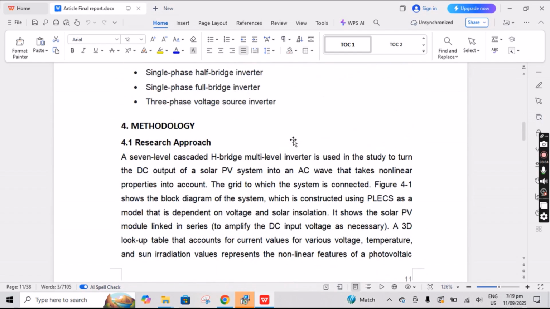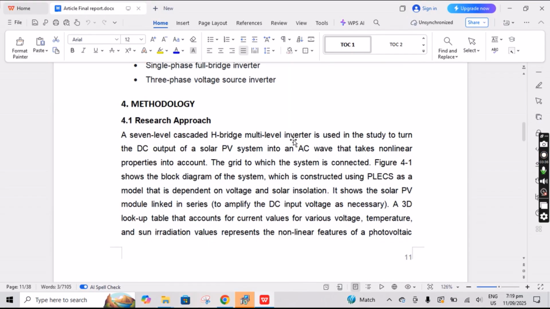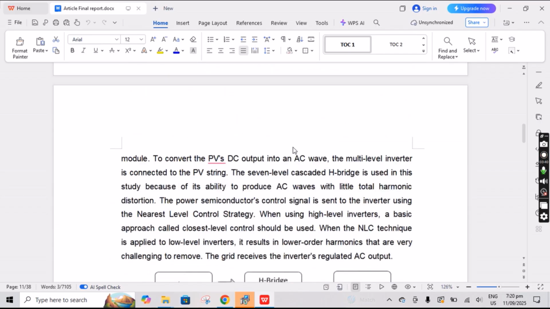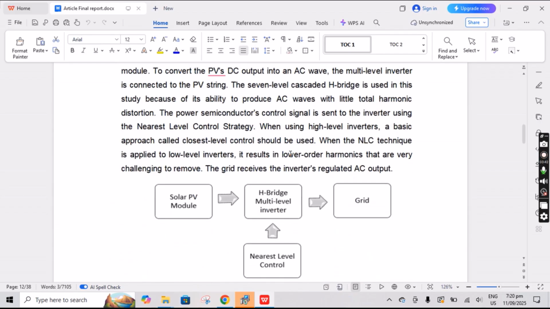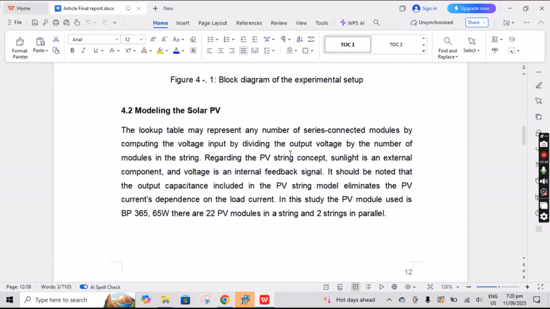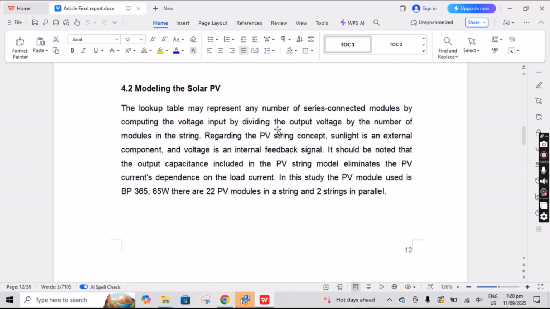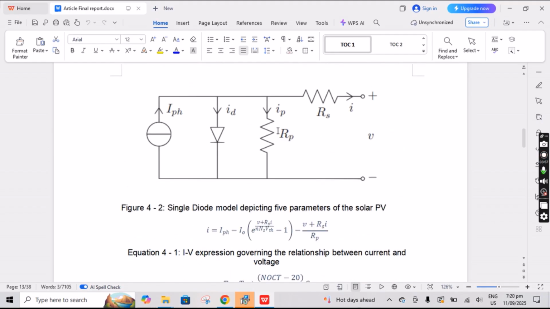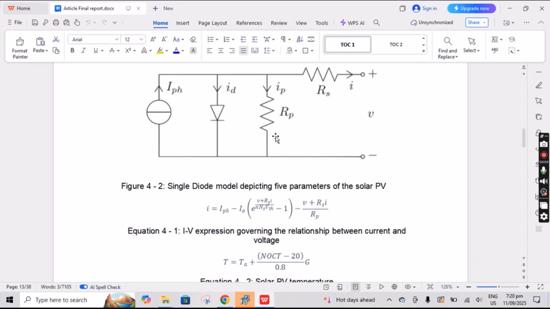The methodology approach is the research approach, which contains the complete PLECS software model, including the solar PV module, H-bridge multi-level inverter, grid, and the nearest level control system as well. This is the block diagram I have entered, and next is the single diode model, which depicts the 5 parameters of the solar PV.